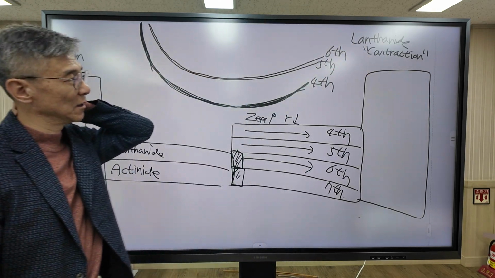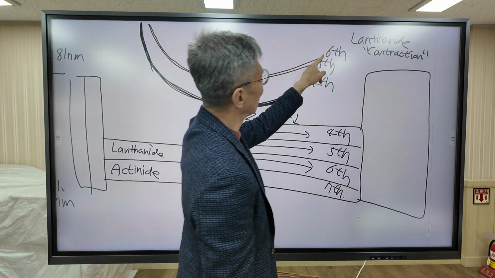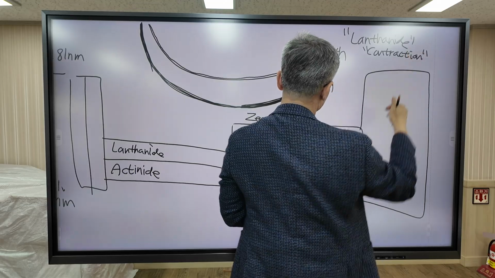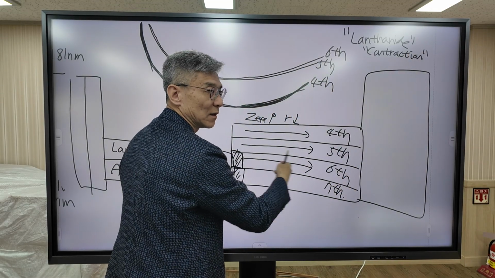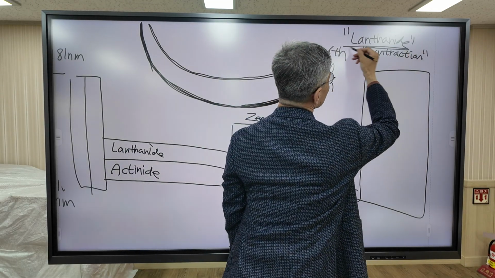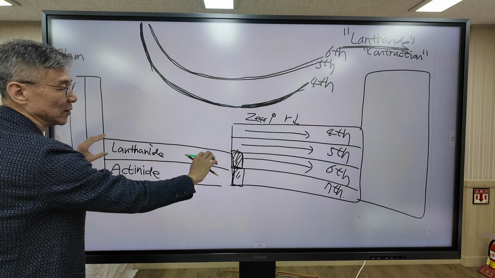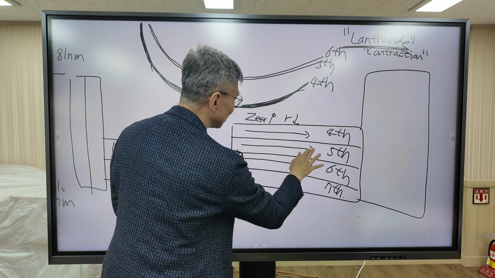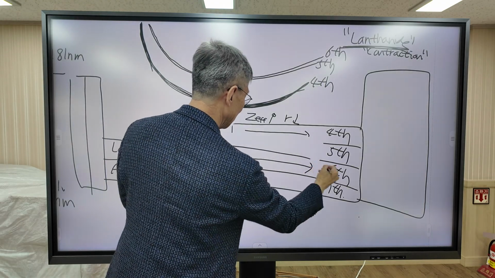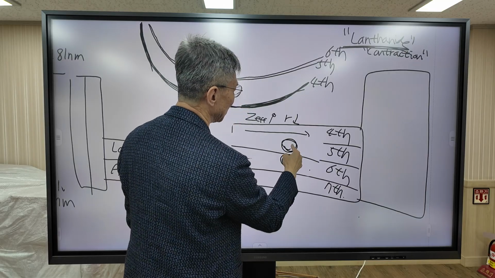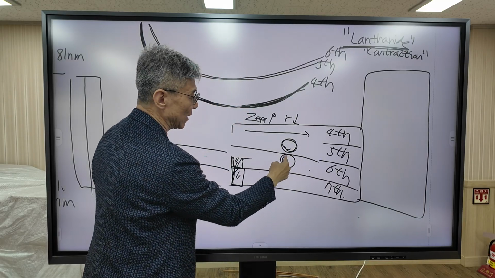But the question is this: why is it called lanthanide contraction? When we talk about transition metal elements, why did this term arise? Because it is related to these elements. Now I compare the atomic radius of a 5th period element with the 6th period element right below it.